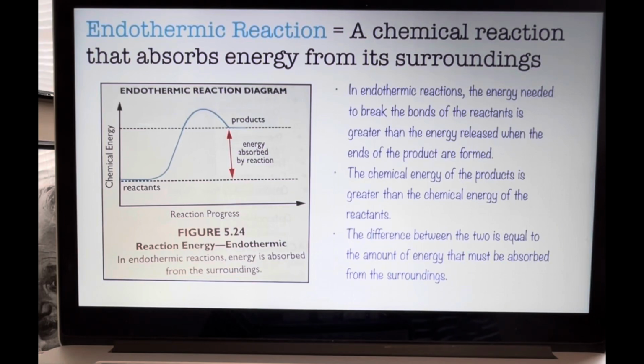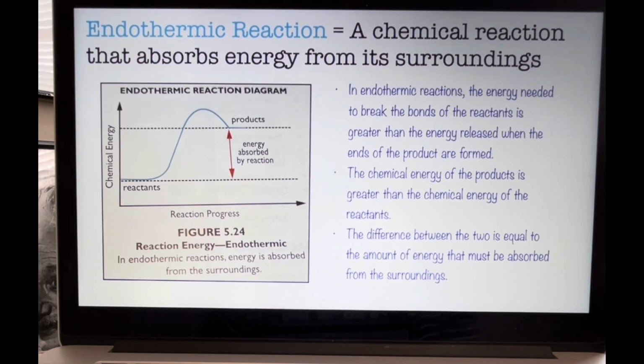Another example is cooking vegetables. As long as the vegetables are in hot water or steam, they will continue to cook. But as soon as you remove the vegetables from the heat and place them under cold running water, they will stop cooking immediately. Any chemical reaction that absorbs energy is called an endothermic reaction.